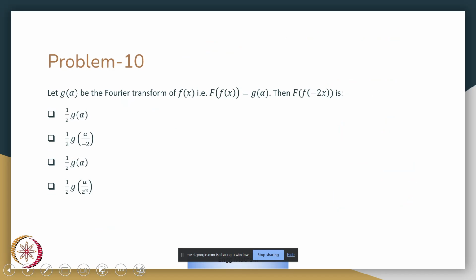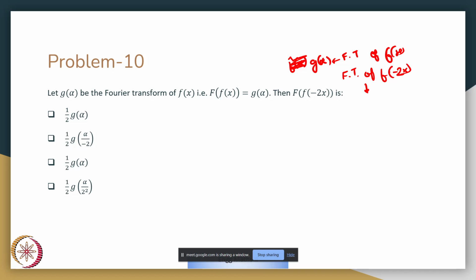And finally, we move to the last of the selected problems, problem number 10. We have been given that f hat of alpha is the Fourier transform of f of x, and then we are asked to calculate the Fourier transform of f of minus 2x.